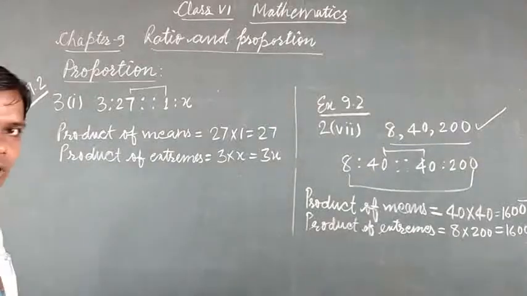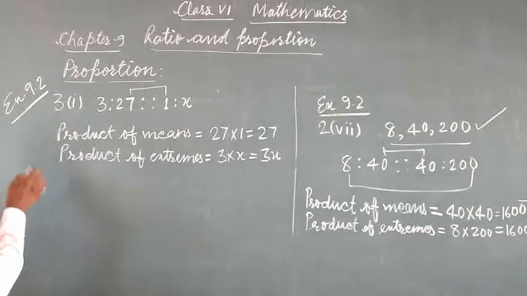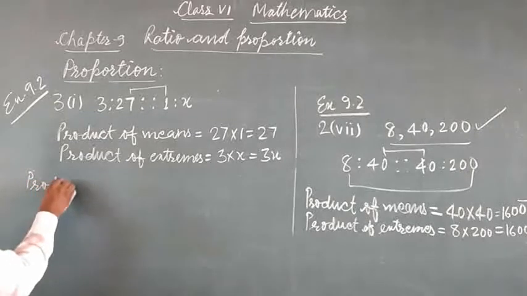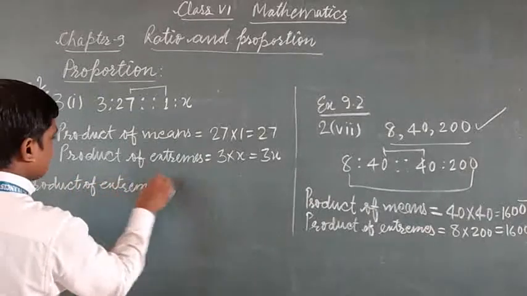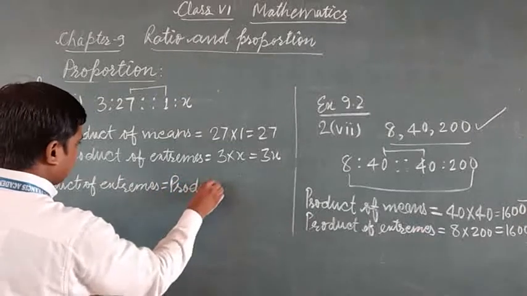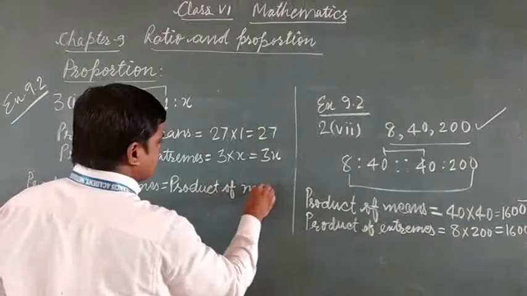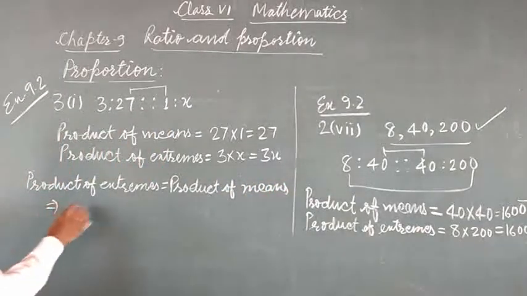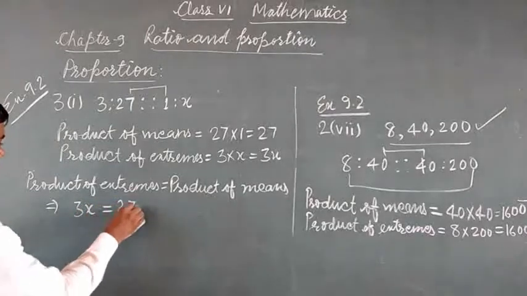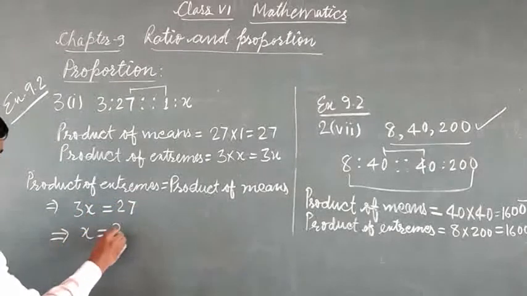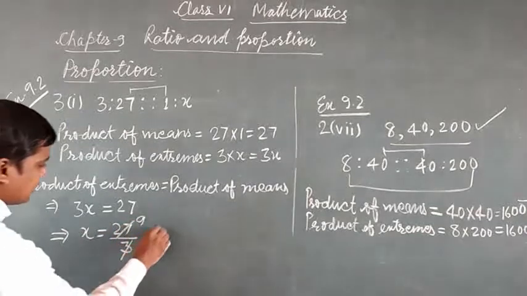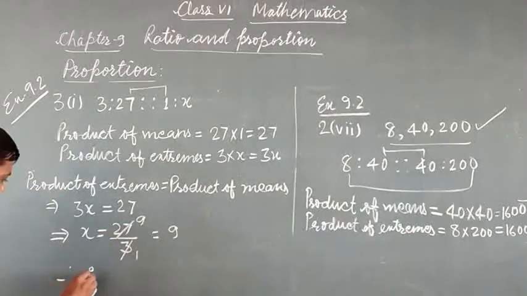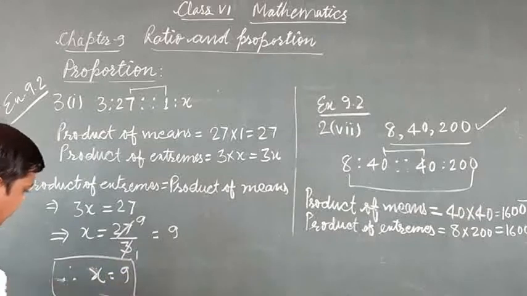So we can write product of extremes is equal to product of means, and then 3x is equal to 27, and from here x is equal to 27 divided by 3. 3 nines are 27, so 9. Therefore x is equal to 9. Answer.